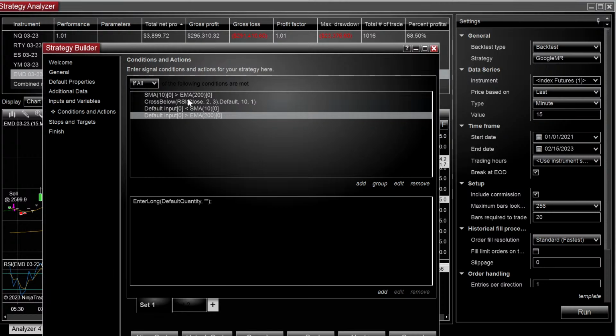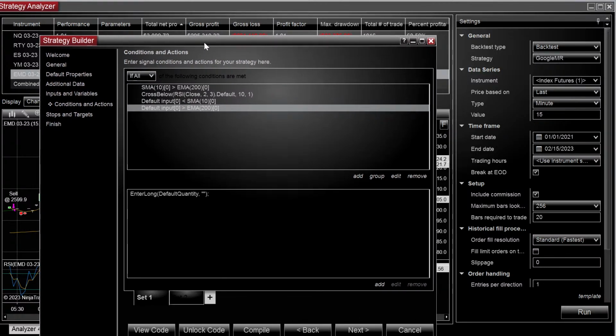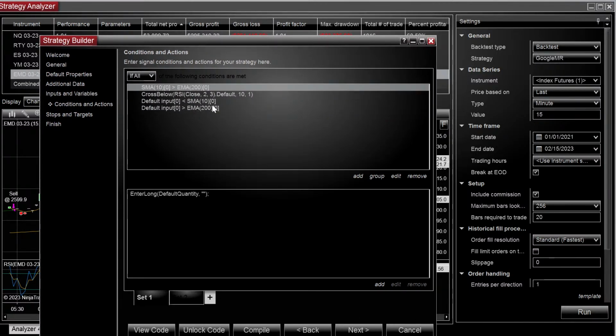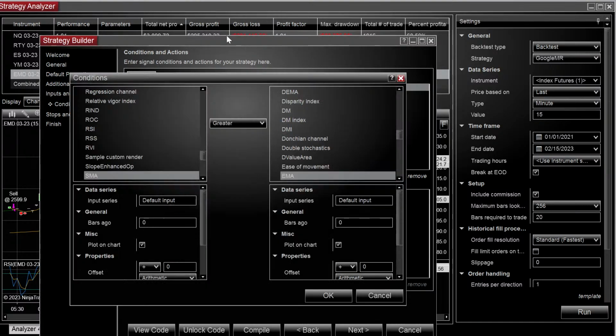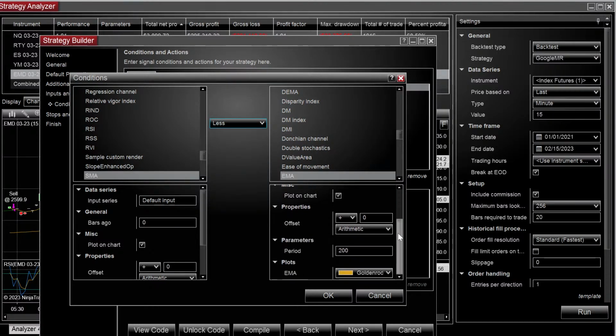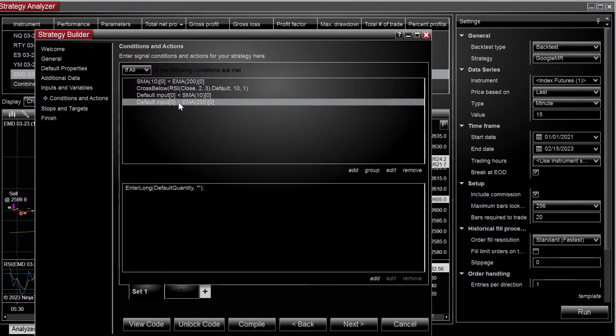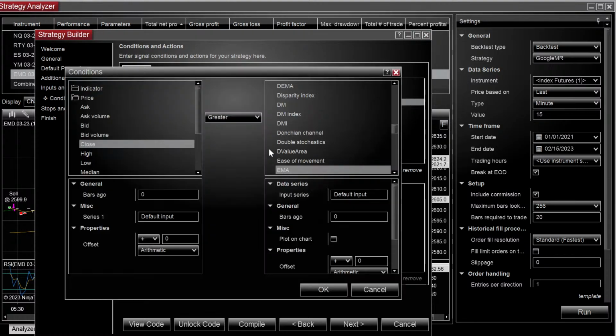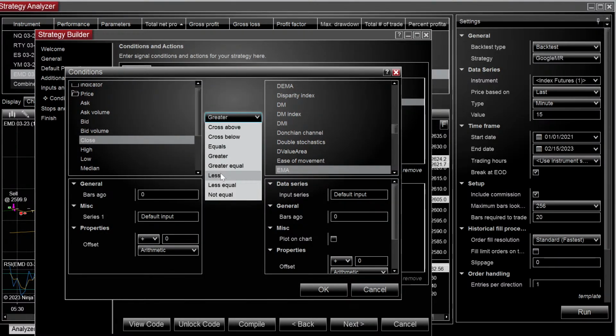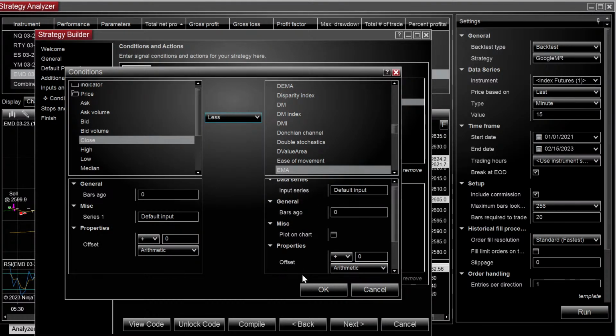Because we're using it in two places, we'll say that the 10 SMA needs to be less than the 200, and then the close needs to be less than the 200.